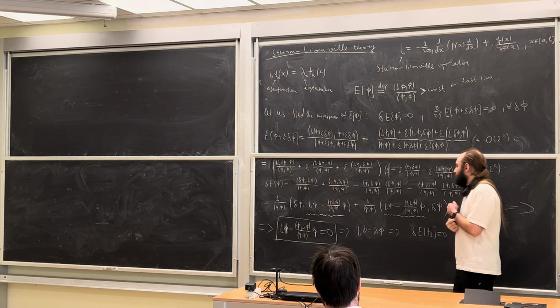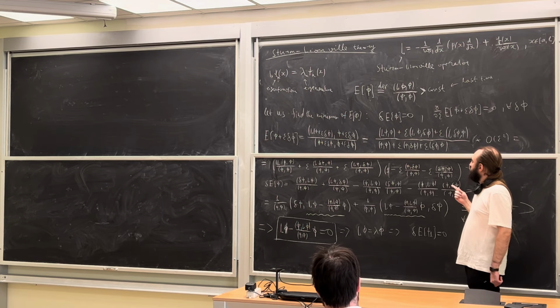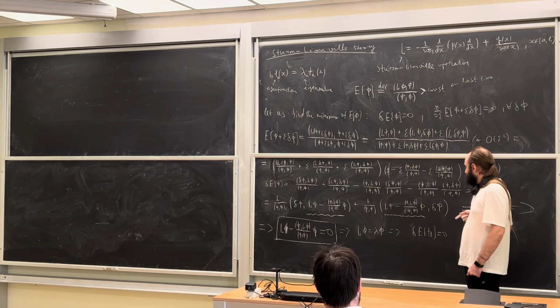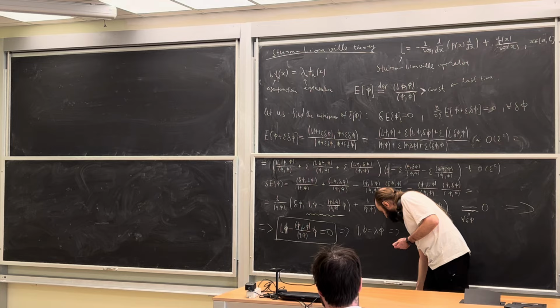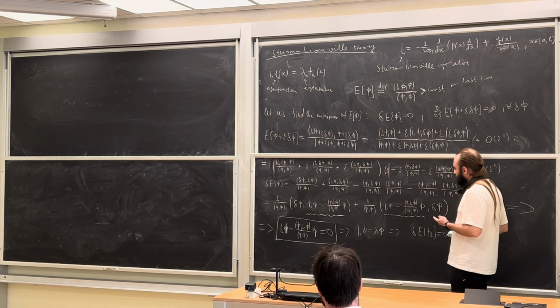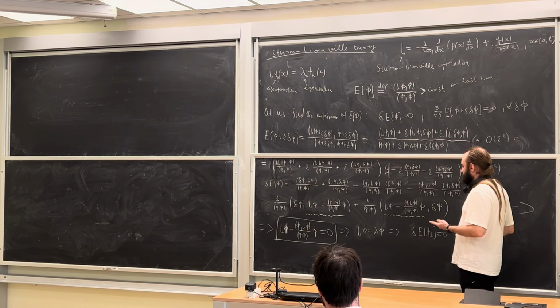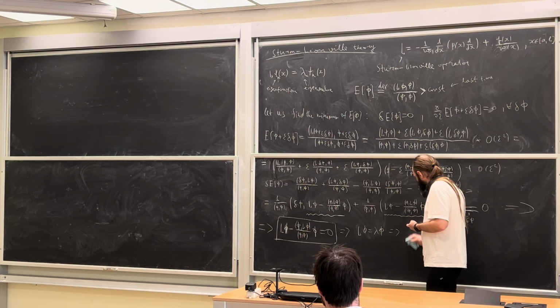But since we are looking for the minimum of this functional, then this lambda is lambda 1 and phi is psi 1.